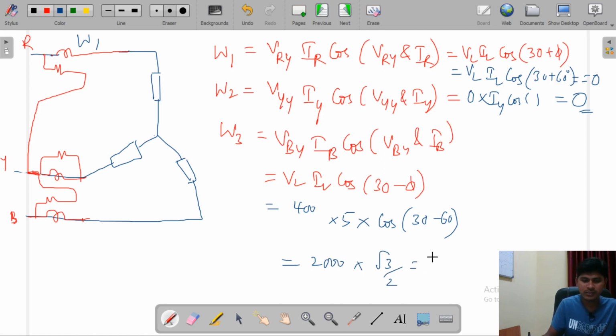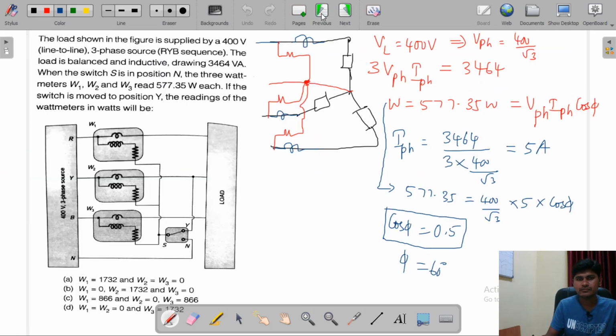Then you are going to get 1000 into root 3, which is 1732 watts. Option D is the right answer.